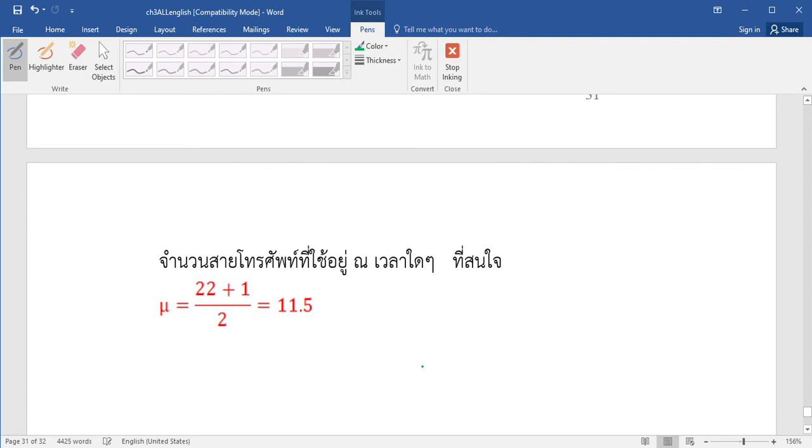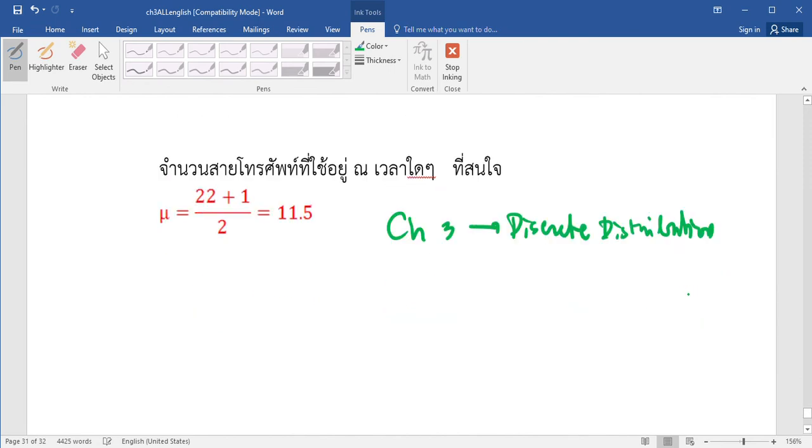So this chapter 3 is about discrete distribution. That means that we are talking about discrete variables that can take on separate, distinct values. We looked at the general type of discrete distribution.